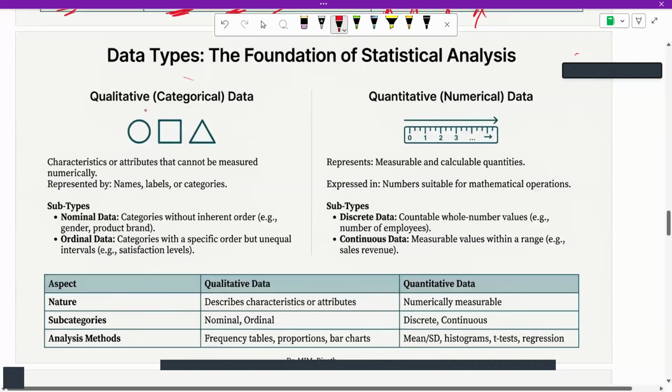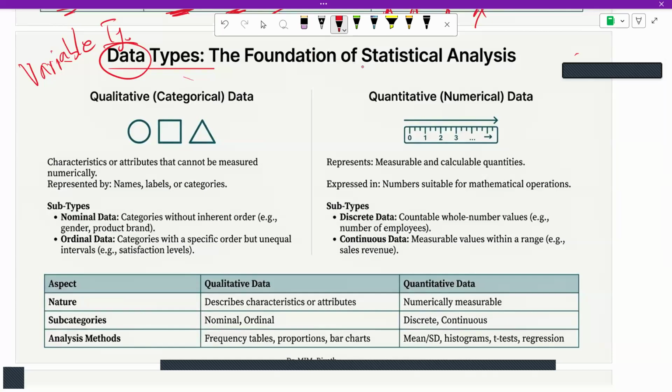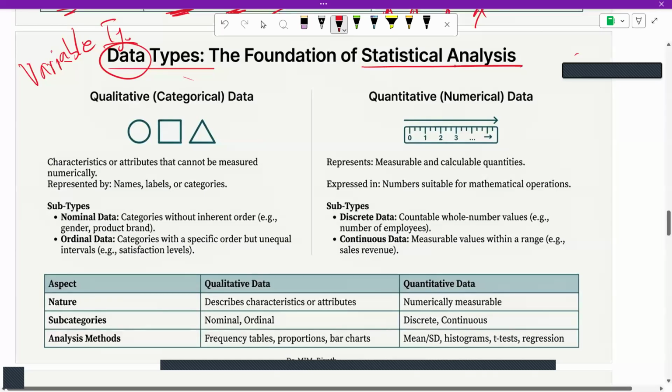Data types. Earlier we talked about variable type. So now we talk about data types. Data types are the foundation of statistical analysis. Without knowing the data type, it's very hard to deal with statistical analysis.